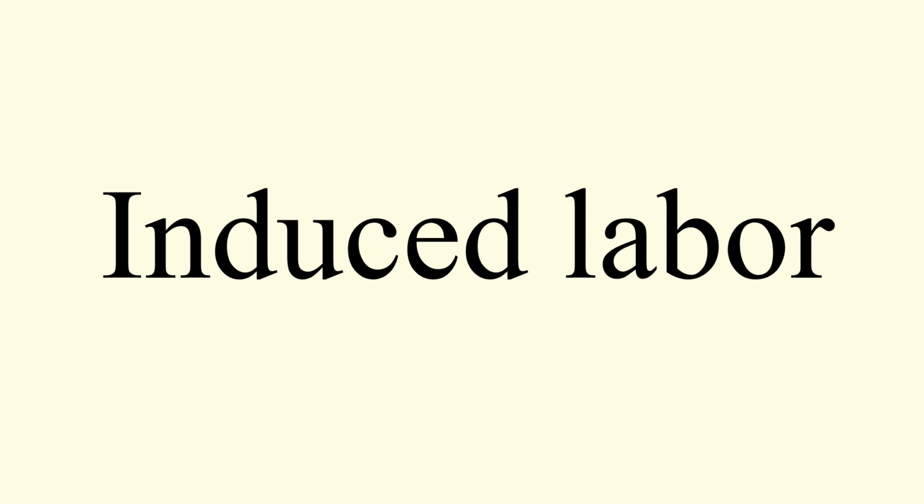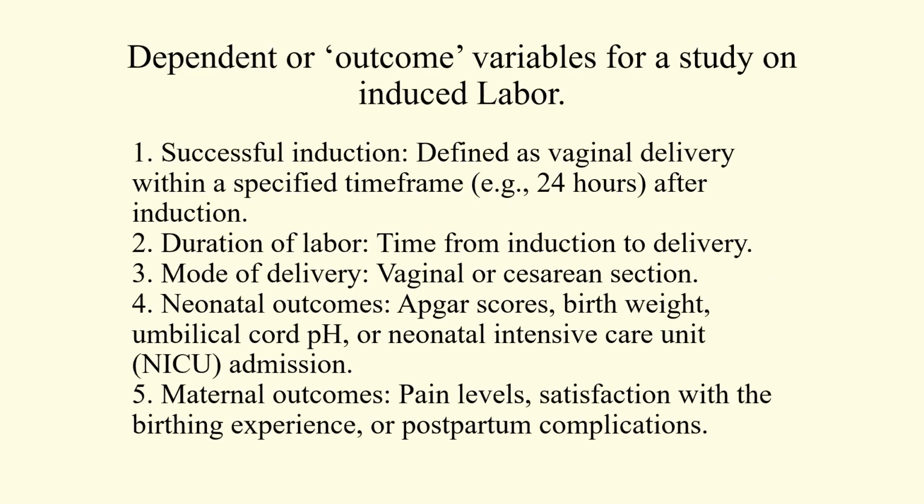Now let us see how we can use the definitions and our understanding of independent and dependent variables in a study on induced labor. The actual definition will depend upon the research question, but the possible variables can be as follows.